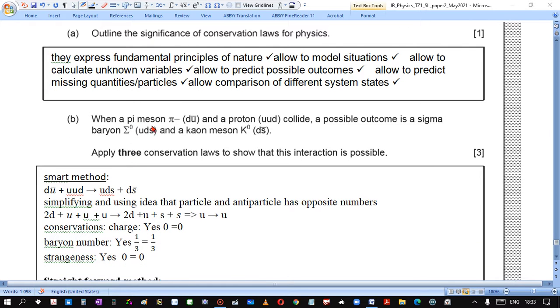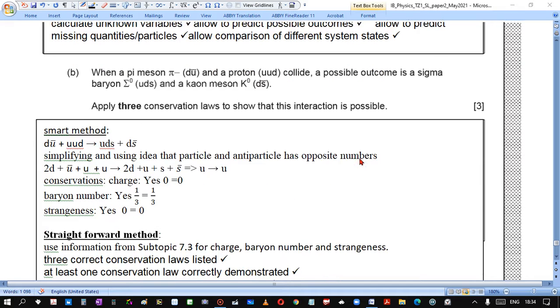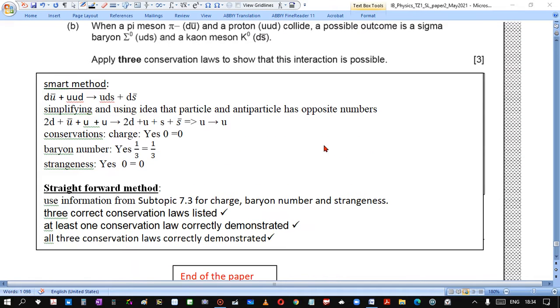A pi meson, quark composition given, and a proton, quark composition given, collide. A possible outcome is a sigma baryon, quark composition given, and a kaon meson, quark composition given. Apply these three conservation laws to show that this interaction is possible. So we have a smart method and a straightforward method.